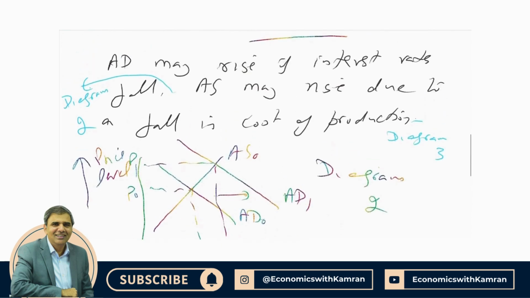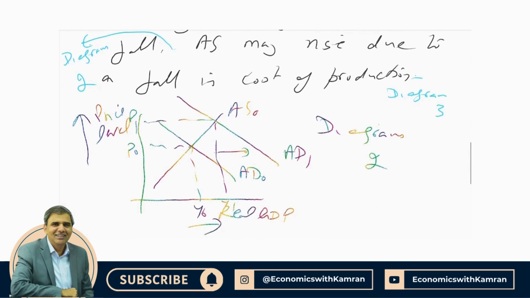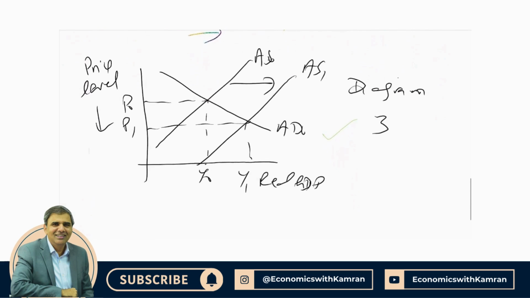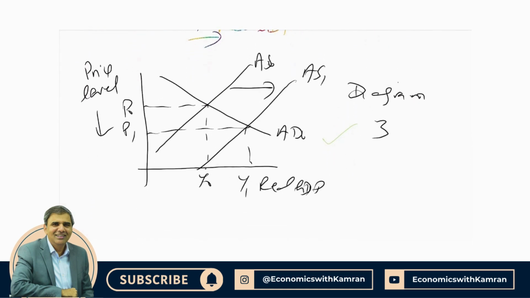So one mark we have scored by identifying a reason for a shift in either AD or AS, and the second mark is for showing a rightward shift in AD and a rightward shift in AS. All these three diagrams could be part of one diagram. You can show only one diagram, with a rightward shift in AD as well as a rightward shift in AS. But I made three separate diagrams.